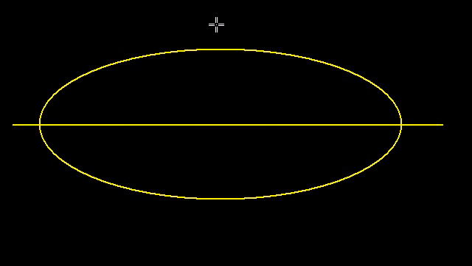So let me draw another one. So that's my ellipse, and then I want to draw the axes for clarity.